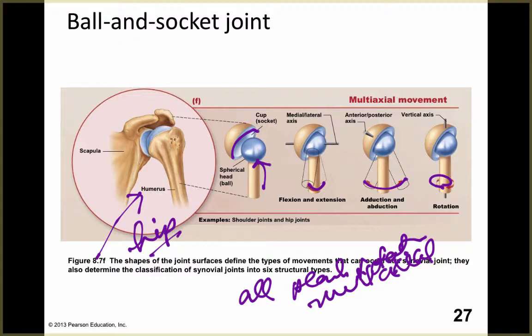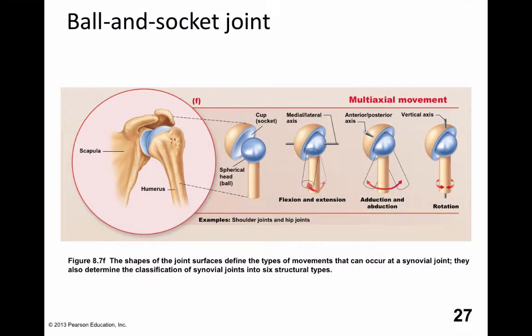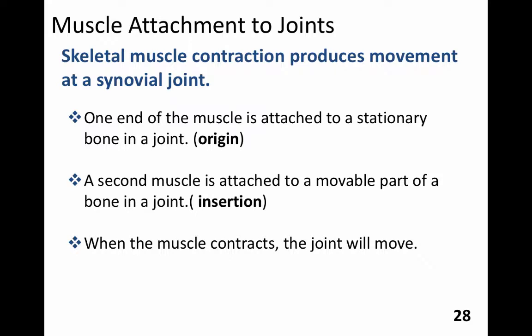And so how all this works is these are important because they help bone move. And so skeletal muscles will contract, and that's what produces the movement at a synovial joint.